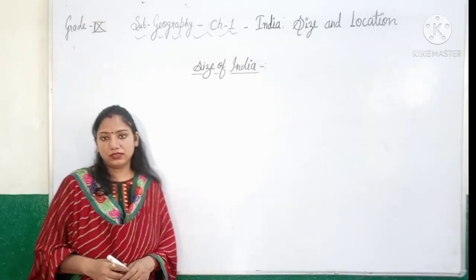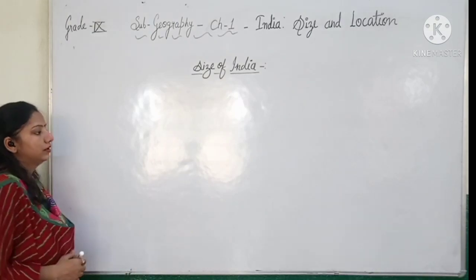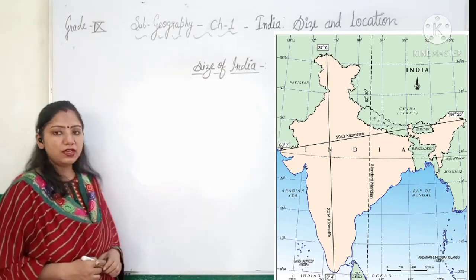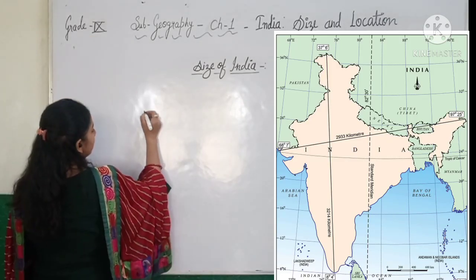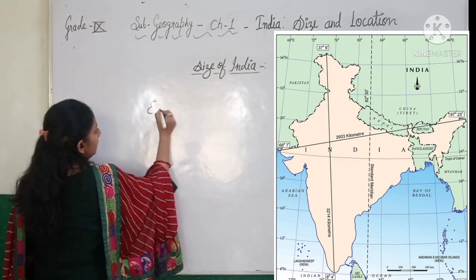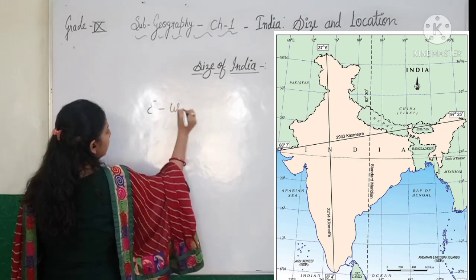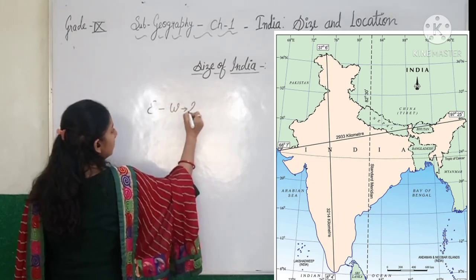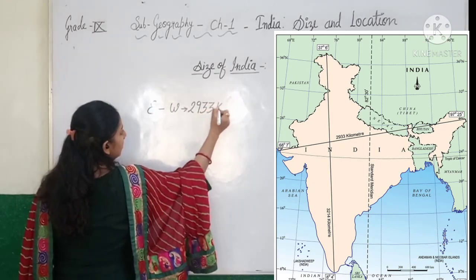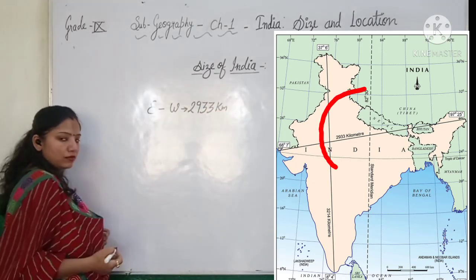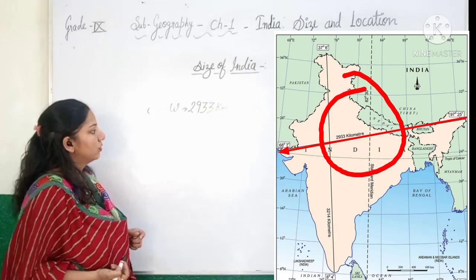As you can see on the map, the distance from east to west is around 2,933 kilometers, from Arunachal Pradesh to Gujarat.